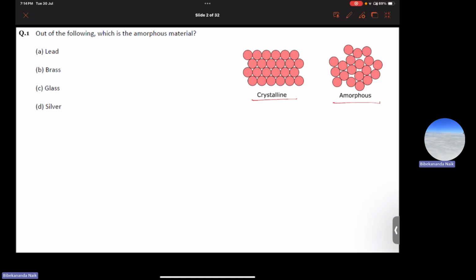In case of crystalline material, the atoms or the constituents of the material are arranged in a periodic manner. As you can see in this figure, they are arranged periodically. But in case of amorphous, they are arranged randomly.